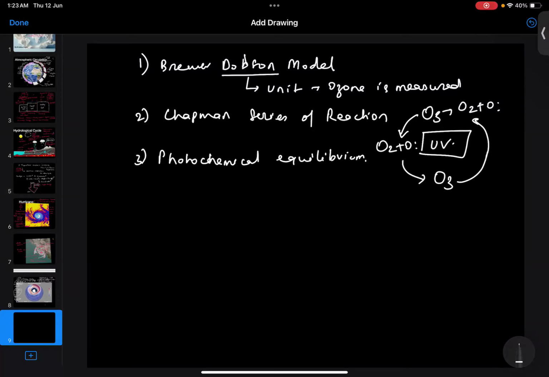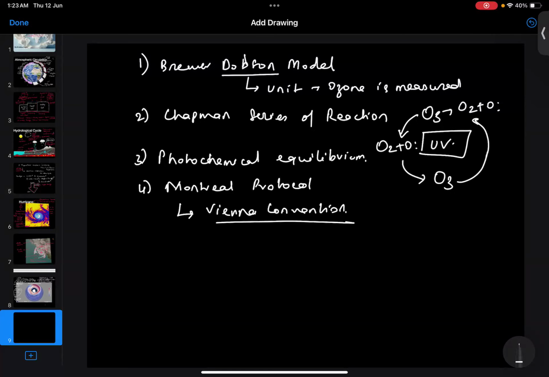Now, under the policy perspective, we have the Montreal Protocol. Then next we have the Vienna Convention, which are working on ozone hole depletion. Now we are seeing that in contemporary times there are changes in the stratosphere.